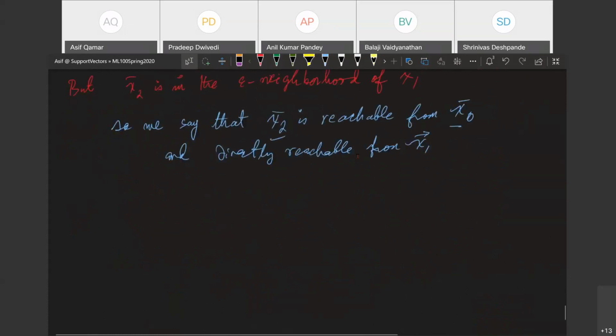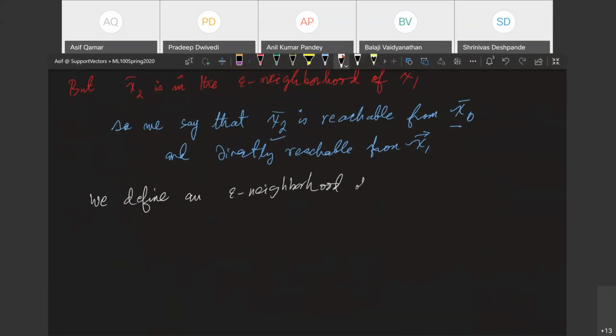Now comes an interesting point. We define an epsilon neighborhood of a point to be dense.